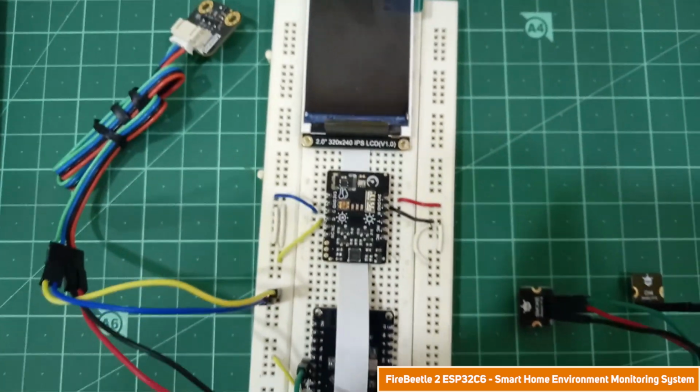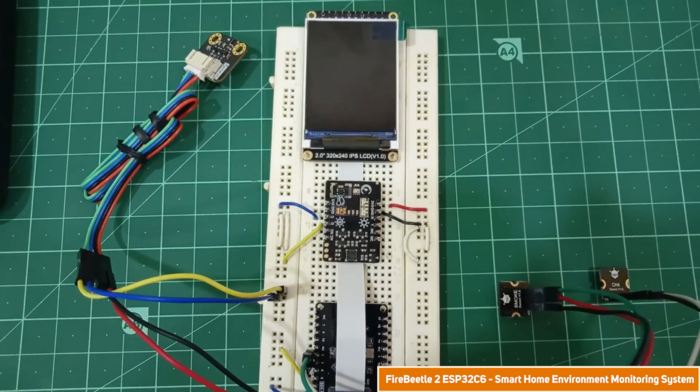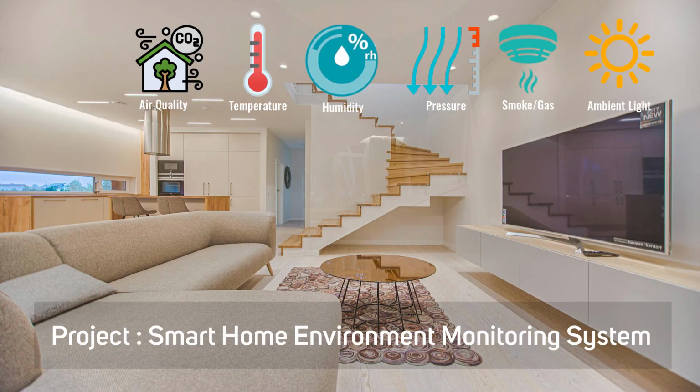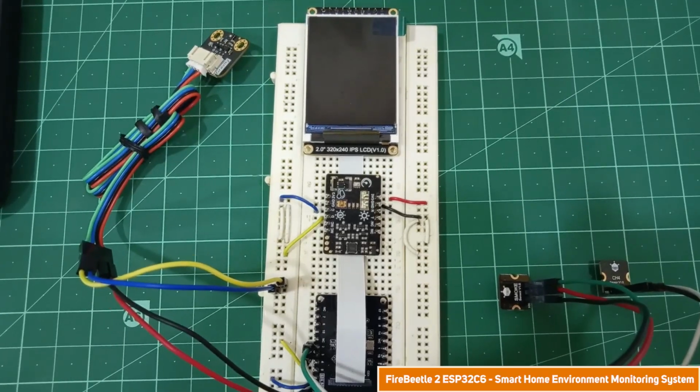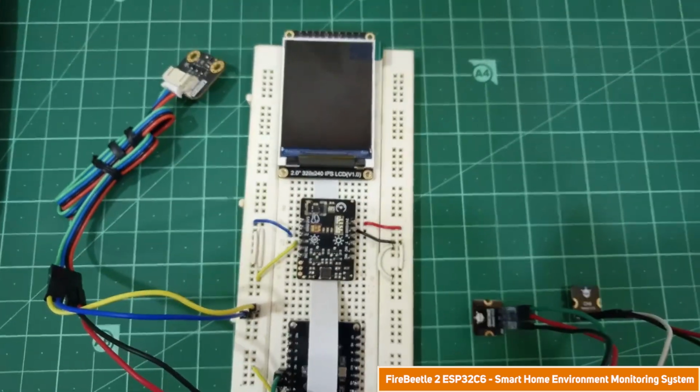So using these sensors and this display, we can monitor the environment of a smart home and different physical parameters, environmental parameters like temperature, humidity, pressure, ultraviolet light, ambient light, air quality, VOC level, smoke and gas leak detection.